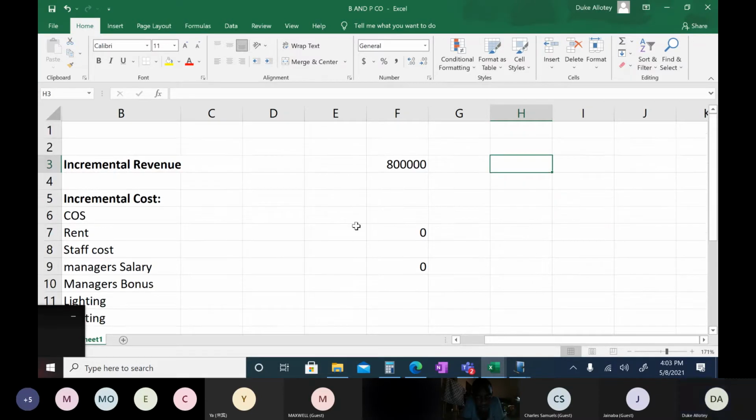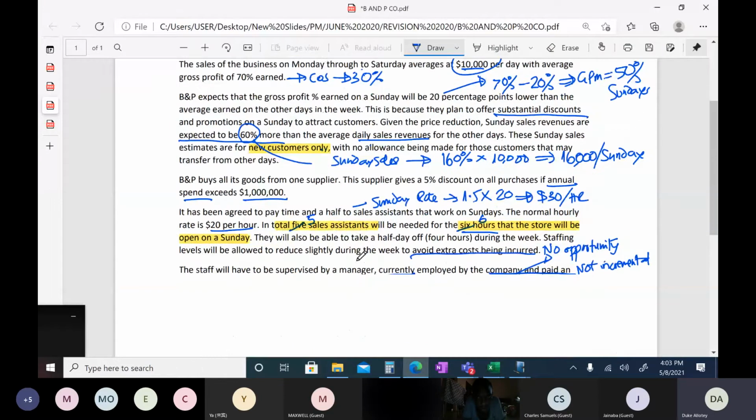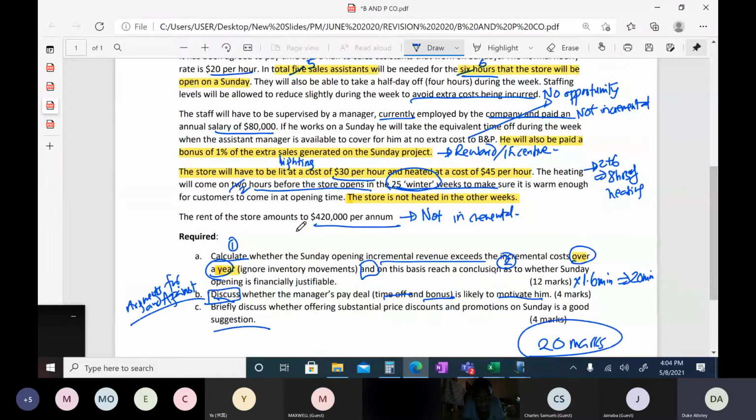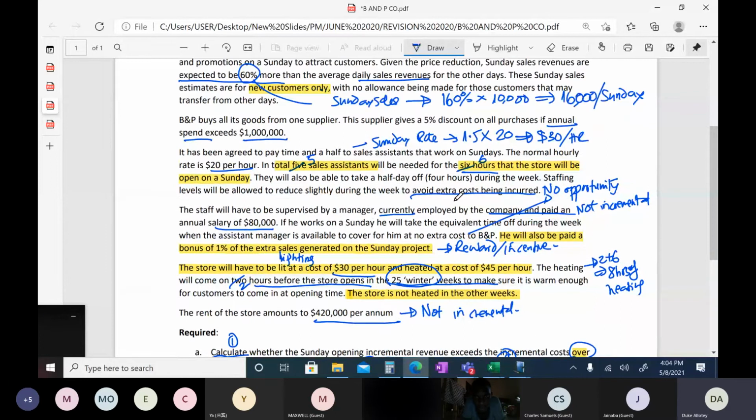All right. So at this point, I've had some marks for the incremental revenue. I'll take the next ones easy. The lighting shouldn't be a problem. The question said the lighting will be at a cost of 30 for the 50 weeks, and the shop is open for 6 hours.